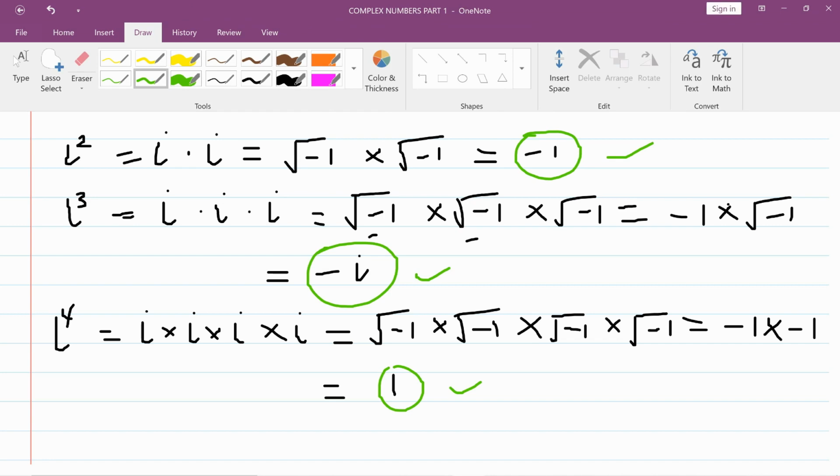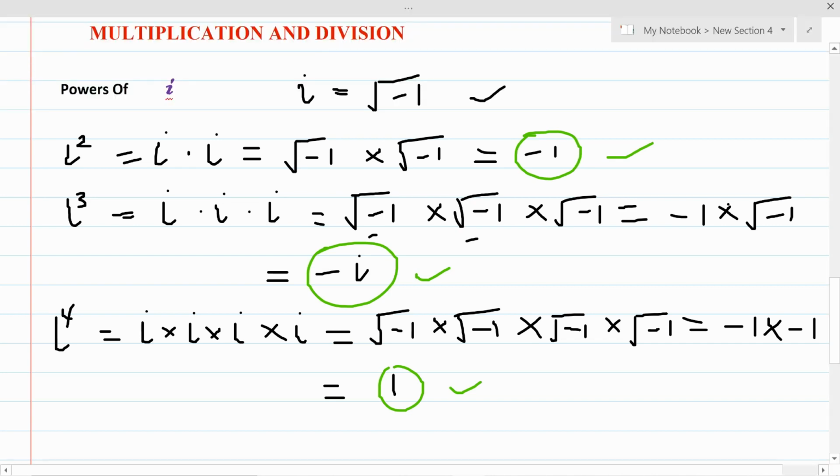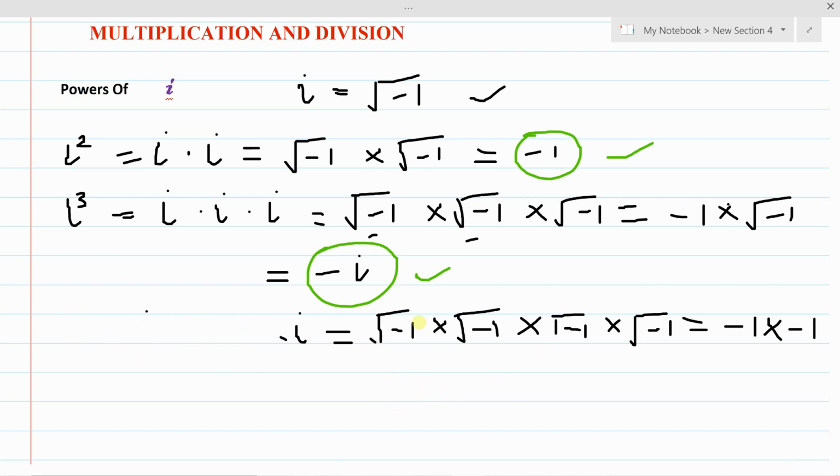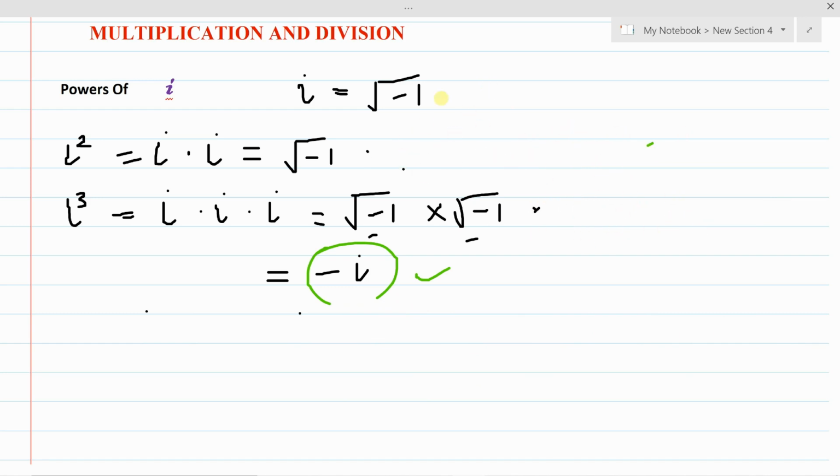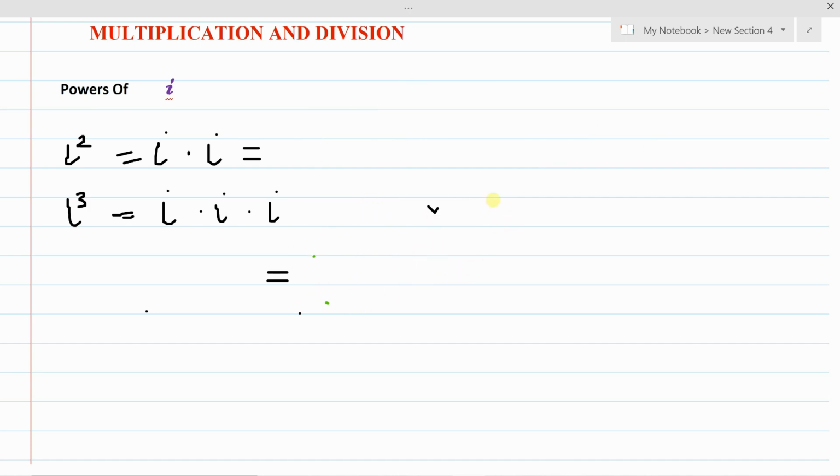This takes us to a generalized way of finding every power of i. Let's clean this up and write them properly so you understand. We want to write a formula so that whatever power of i we are given, we get it right, and then we just use the formula.